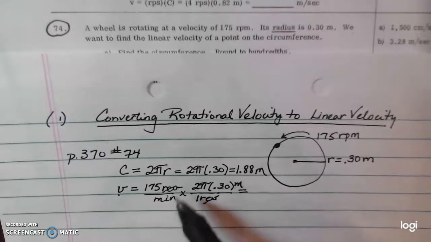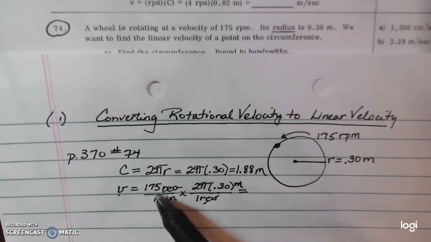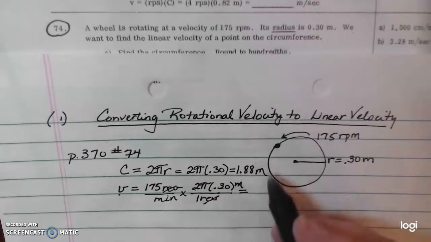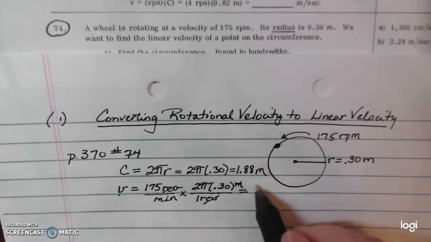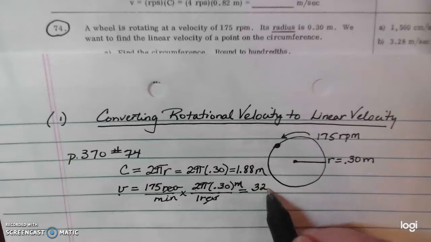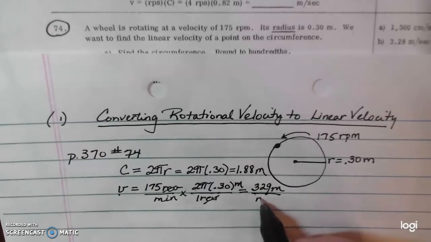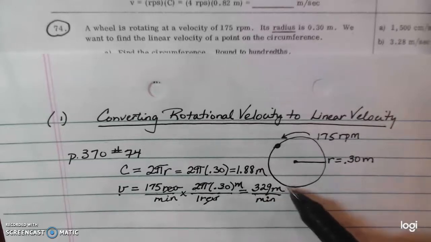So when you do your calculation, 175 times 2 times pi times 0.30, you should get something on the order of 325 meters per minute. And again, that is a linear velocity because it's how far you're traveling in a linear distance, in this case, meters per minute.